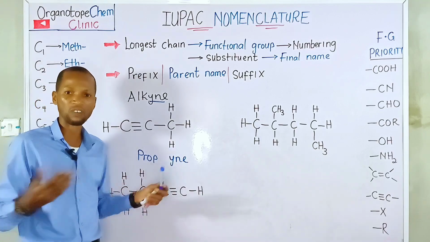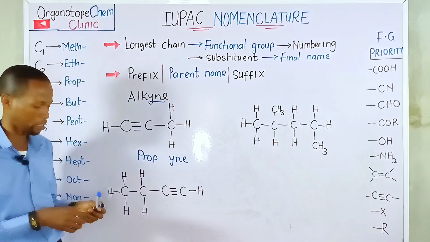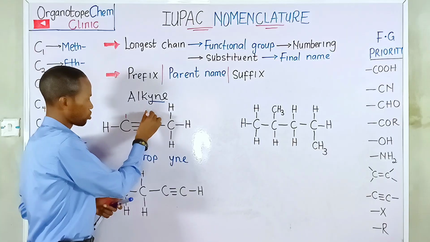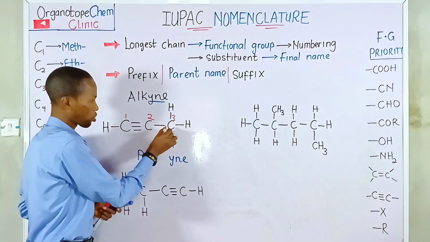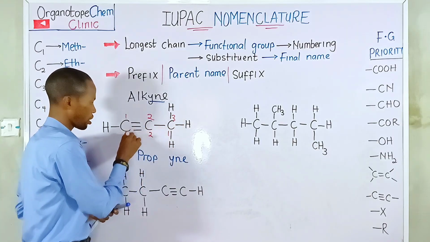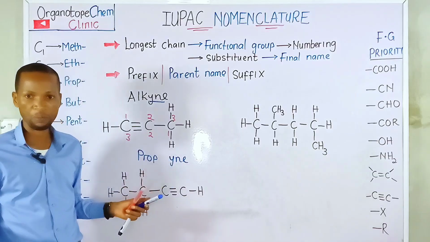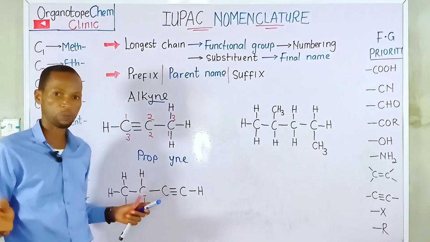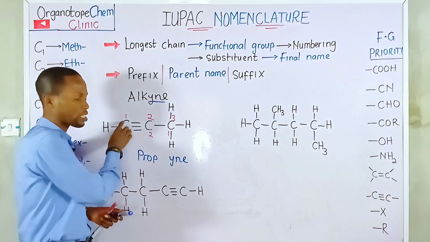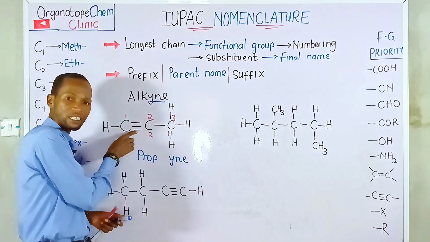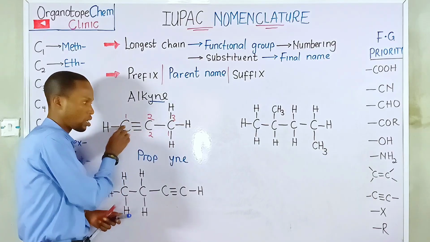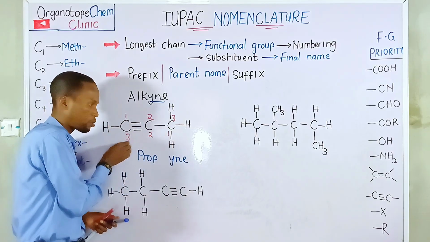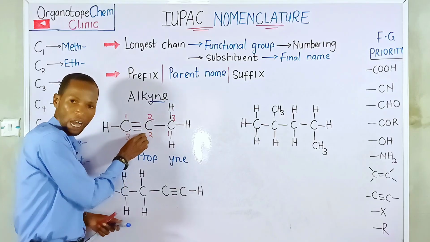So we are going to consider the forward numbering and the backward numbering. We have 1, 2, 3, and also we can number this 1, 2, 3. We are first to consider the least numbering for the functional group, which is the triple bond right here. If we consider the forward numbering, it shows that the triple bond is on carbon 1. And when we consider the backward numbering, it shows that the triple bond is on carbon 2.